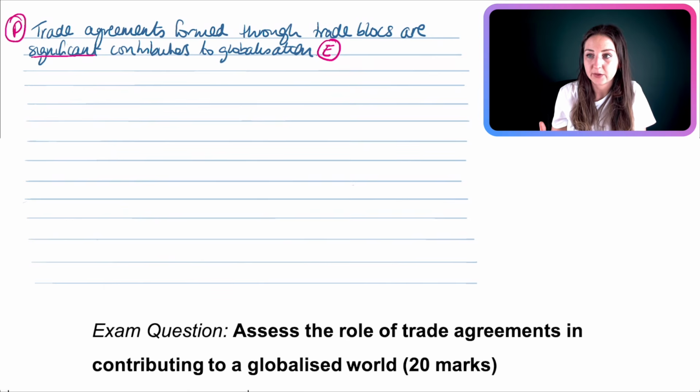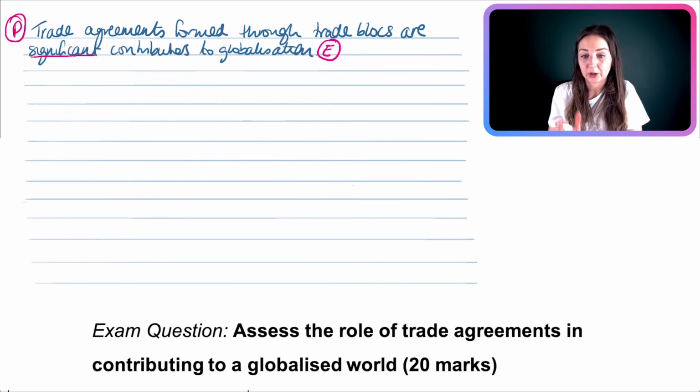So now I'm next going to talk about NAFTA. NAFTA is actually USMCA now. I'm not going to go into that, but I'm going to put NAFTA in brackets. Now USMCA has played an important role for the USA, Mexico, Canada, as NAFTA has enabled them to form a free trade area.